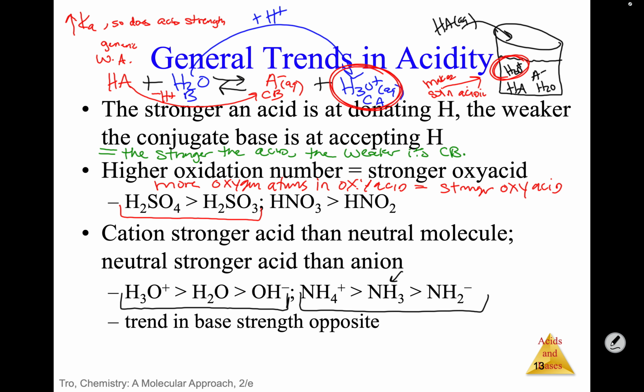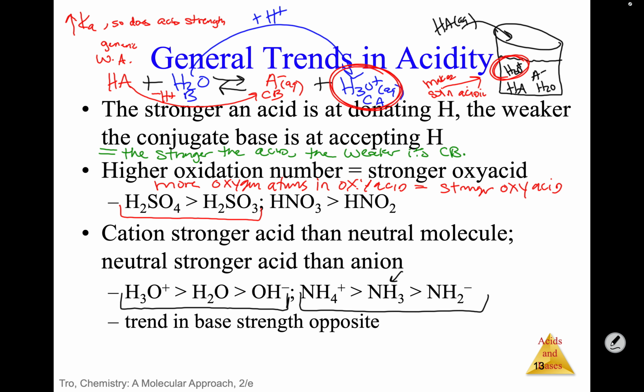Questions? Yes? Was oxyacid the acid naming of the polyatomic ion? Yeah, when you name the acid form of a polyatomic ion, that's exactly our oxyacids.